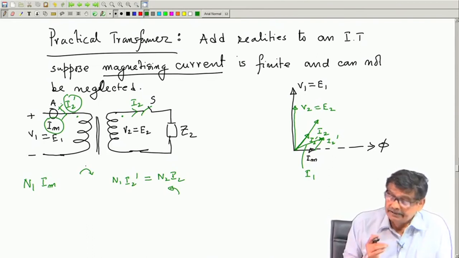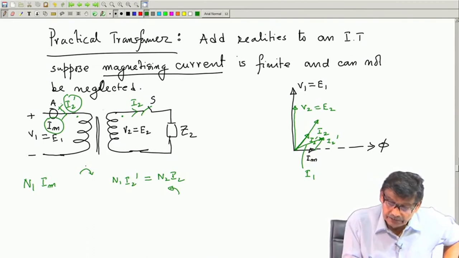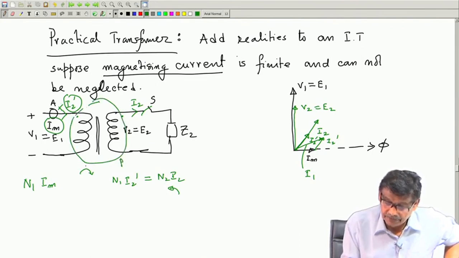See, it can be very nicely drawn. So, this is a practical transformer, mind you, this is a practical transformer.